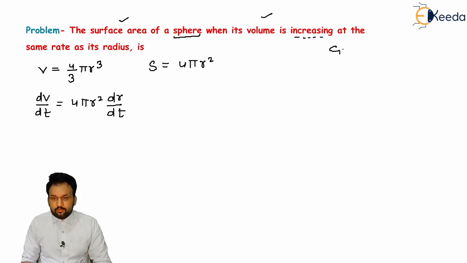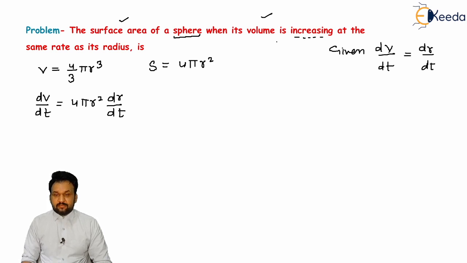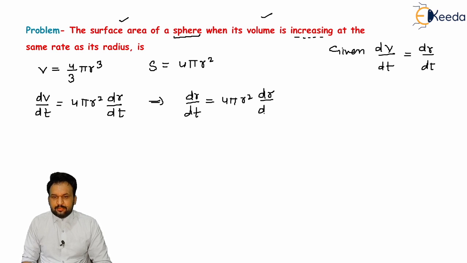So dV by dt and dr by dt are the same. So I can replace dV by dt with dr by dt. This equation becomes dr by dt is equal to 4 pi r square into dr by dt. Both dr by dt cancel each other, and here you get 4 pi r square is equal to 1.